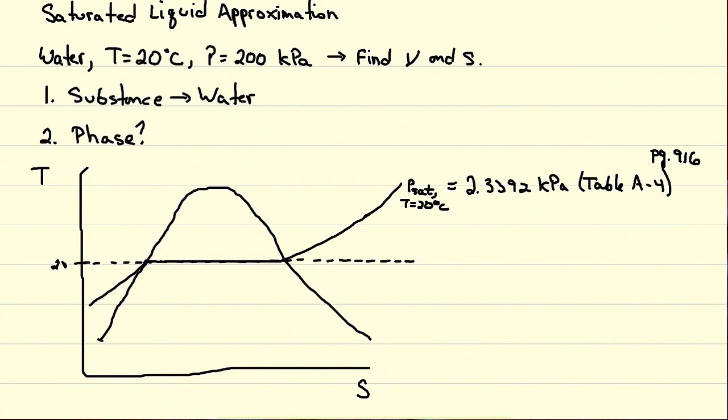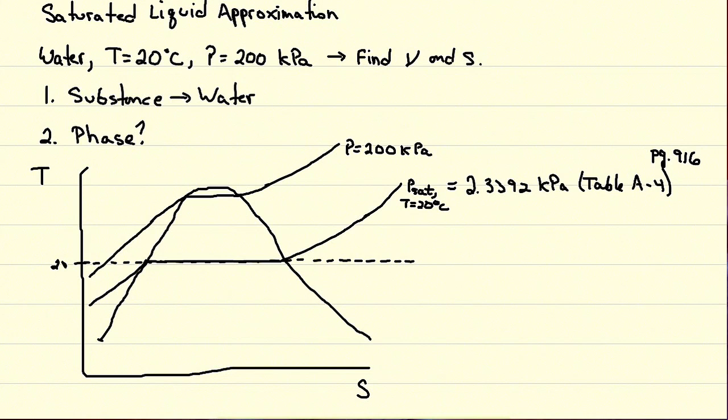So my line of constant pressure at 200 kPa is going to be something like this. Remember that pressure increases, so this is P equal to 200 kPa because it's a higher pressure than 2.3392 kPa.